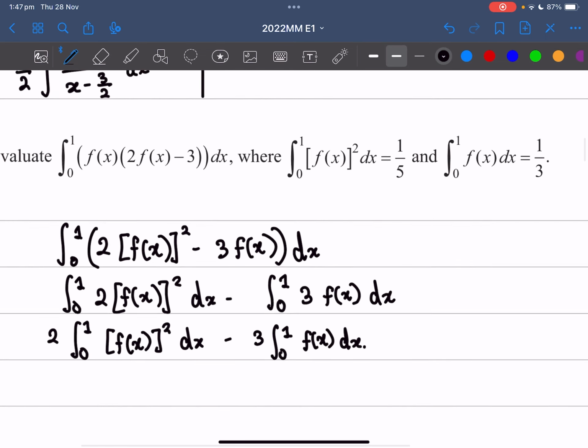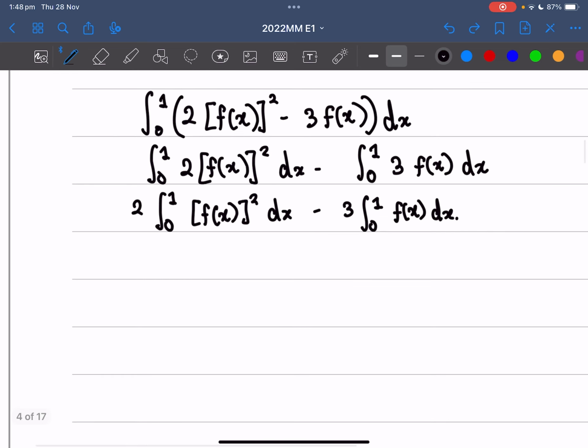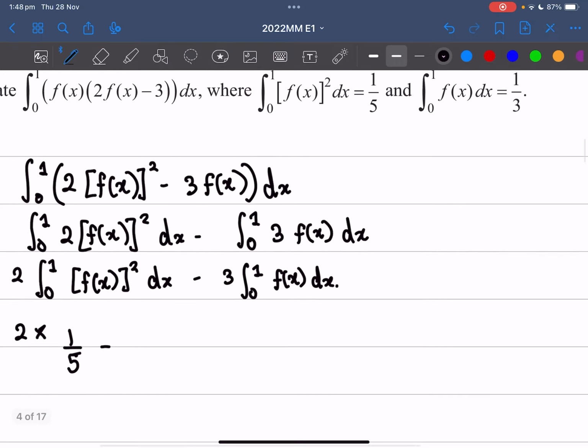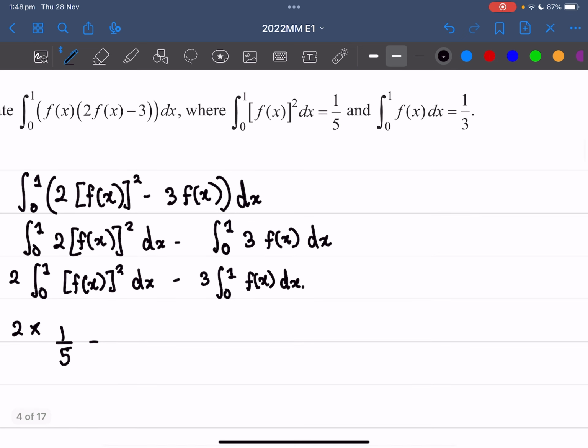Now we are already given over here that the integral from 0 to 1 of f of x squared is 1 on 5. So we'll simply substitute that in. So 2 times 1 on 5, take away 3 times 1 on 3, because the integral of f of x from 0 to 1 is 1 on 3, and this is what we have here. So take away 3 times 1 on 3.